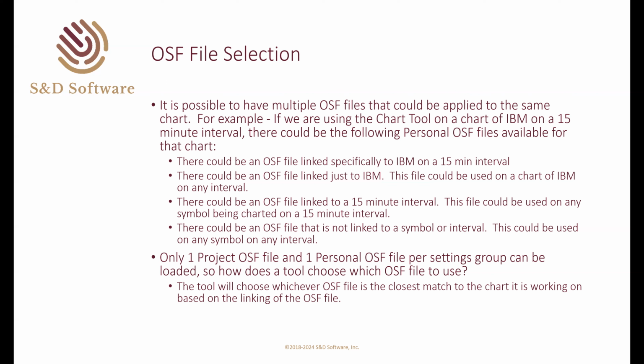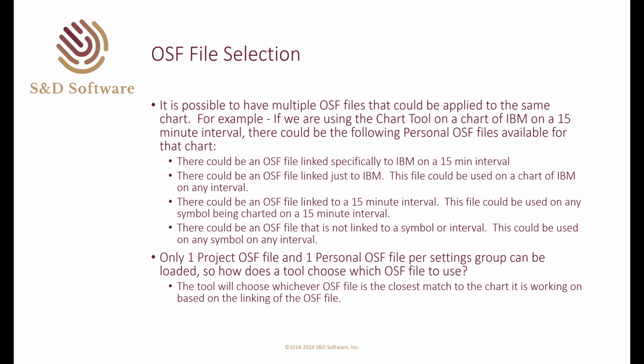So how does the tool go about picking which one? Well, it is going to try to pick the one that matches the best. And we've assigned a priority to the different OSF files and the way they're linked.